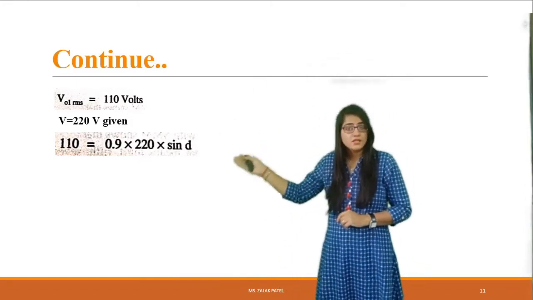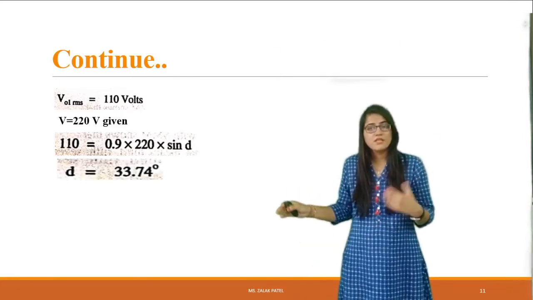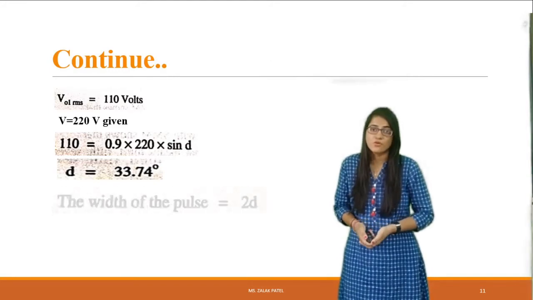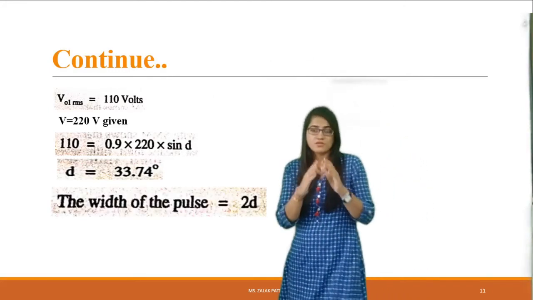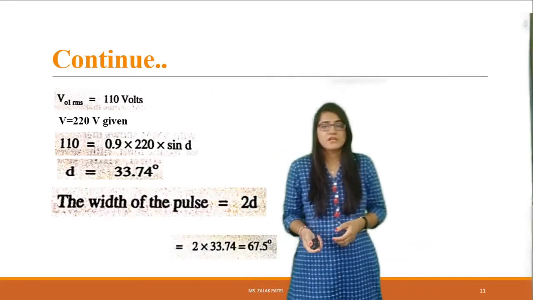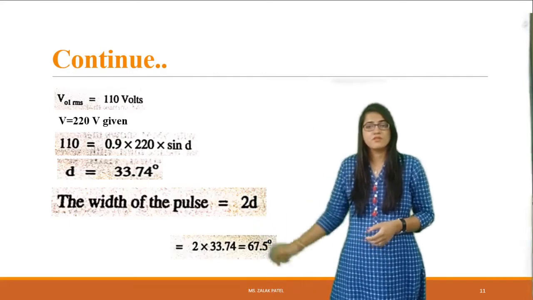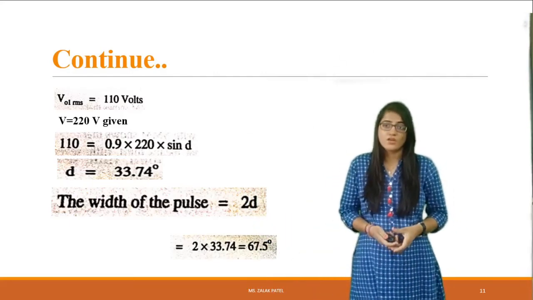So 110 equal to 0.9 into 220 into sin d. So d will be 33.74, and the width of the pulse is 2 times d, because it is mentioned in the waveform that the width is 2 times d. So putting in 2 times d gives us the width of the pulse, that is 67.5 degree.